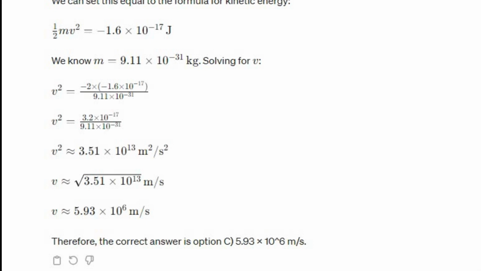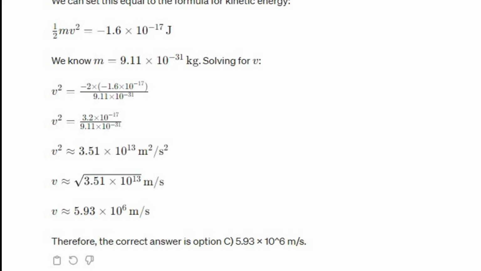v squared equals 3.2 multiplied by 10 raised to power minus 17 over 9.11 multiplied by 10 raised to power minus 31. v squared equals 3.51 multiplied by 10 raised to power 13 meter squared per second squared. v equals the root of 3.51 multiplied by 10 raised to power 13 meter per second. v equals 5.93 multiplied by 10 raised to power minus 6 meter per second.